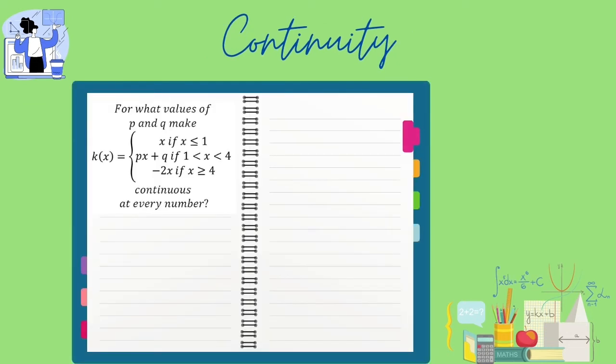Let us now apply the conditions for continuity at a number in solving this problem. For what values of p and q make the function k defined as follows, continuous at every number?